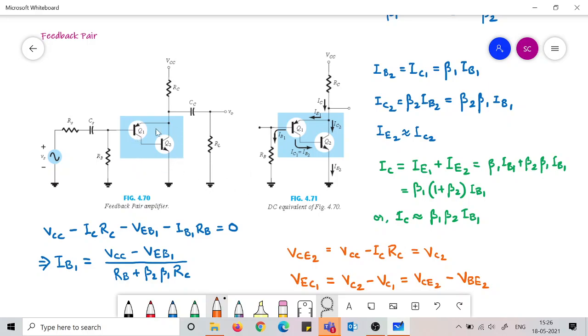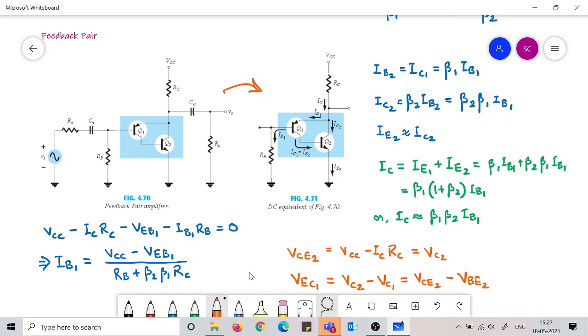Now this is all it takes to change the DC levels of these two different feedback connections. Darlington pair is also a feedback connection, but it is called Darlington pair, whereas this is specifically called feedback pair. Now, the DC equivalent circuit is this, and let us analyze it. First we can find out the various relationships.